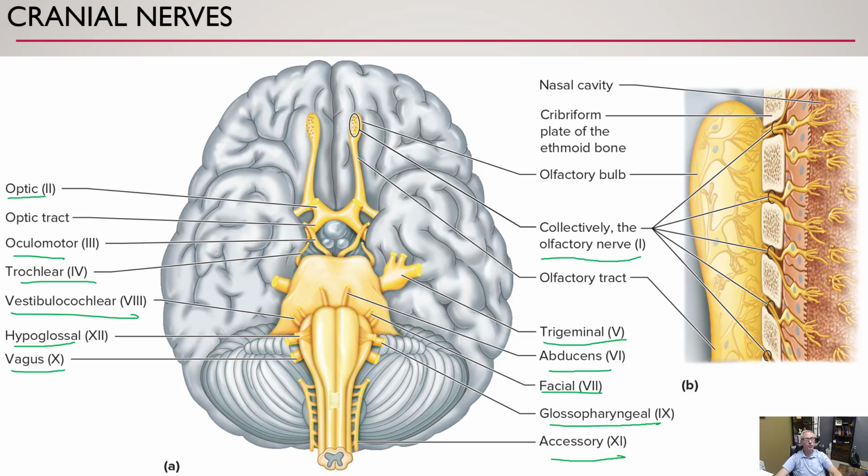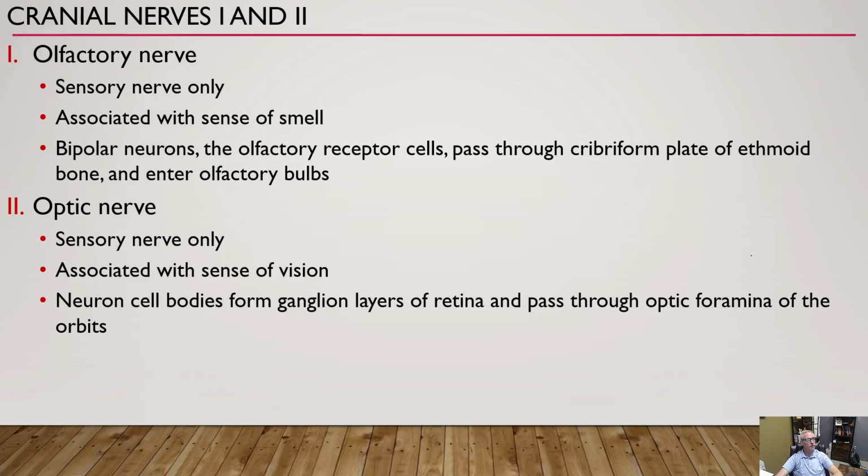So you're going to have to know the Roman numerals and the names. All right, so for here, I'm just going to gloss over this, and then I'll tell you exactly what you need to know.